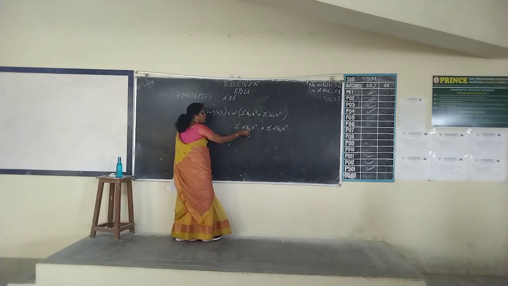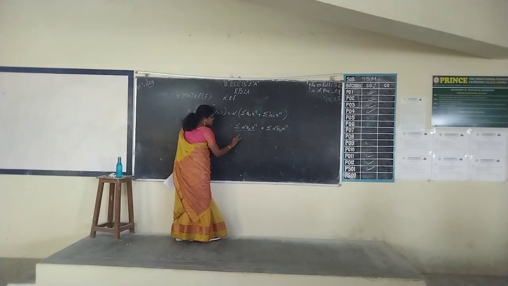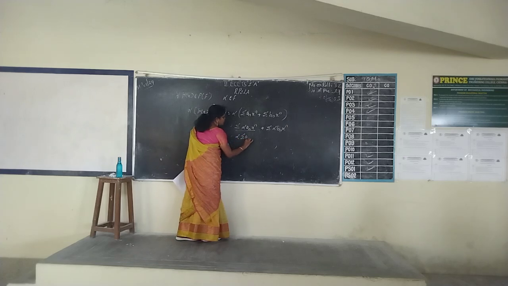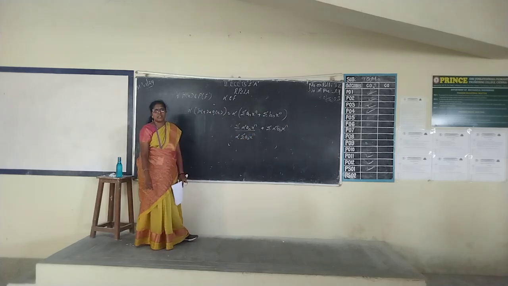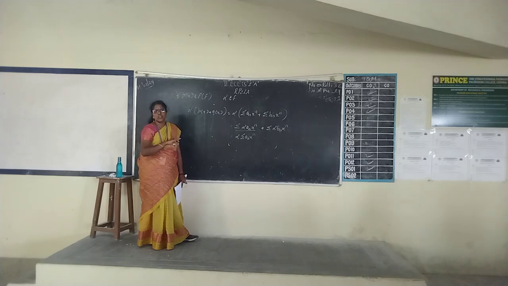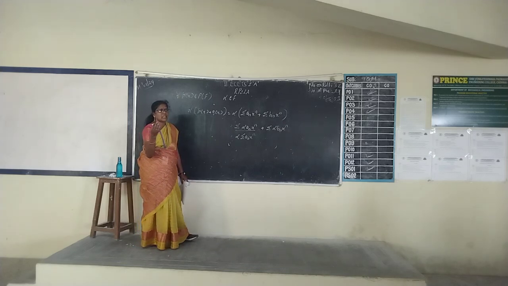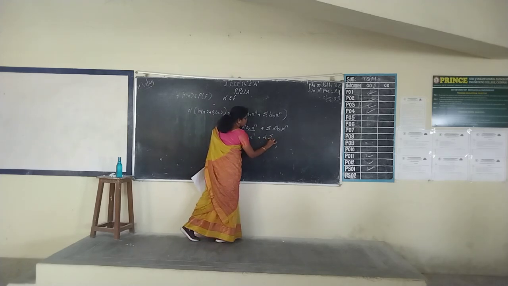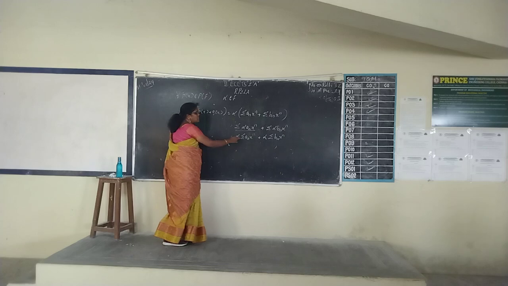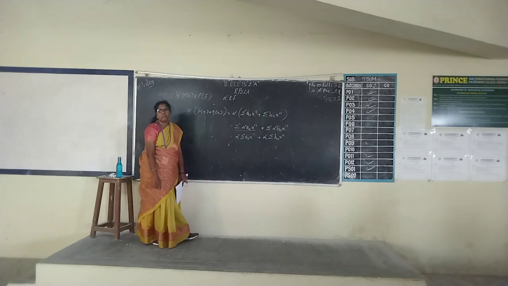This first polynomial can be rewritten as alpha into summation of an x power n. Both are same or different? Same, because alpha is in all the coefficients, we can take it outside. Similarly, the second one, alpha into summation of bn x power n. But what is summation an x power n? P of x.